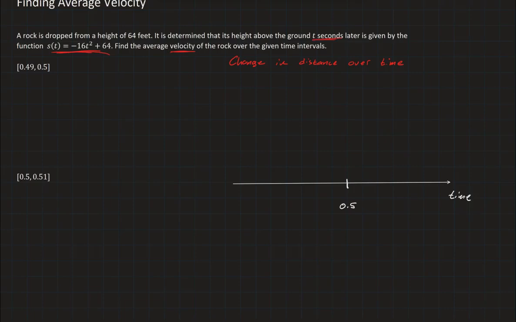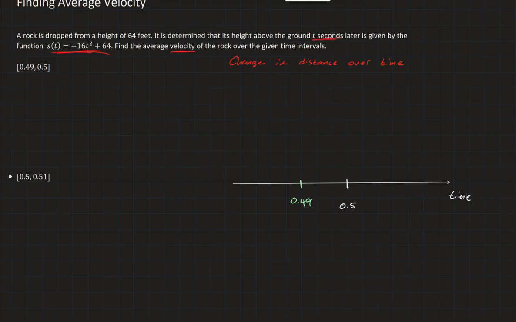So I have this time interval, rather. This time interval is time goes from 0.49 seconds to 0.5 seconds. So a little bit under half a second to right at a half a second. So if I put that on my number line, this guy right here, 0.49 is that value. And then this one is the time interval half a second to a little tiny bit after a half a second.